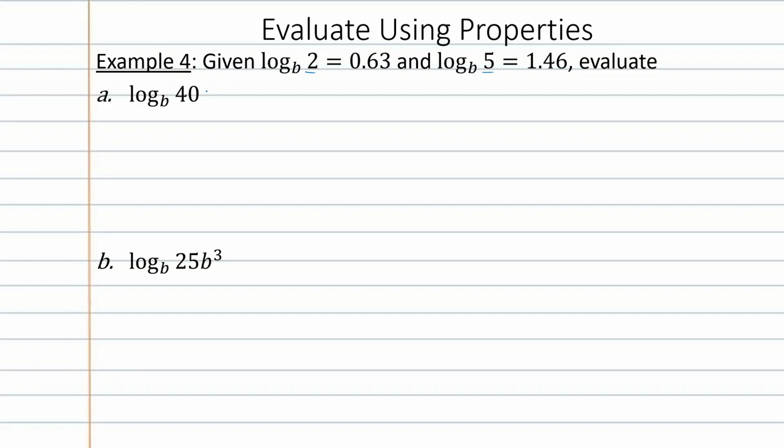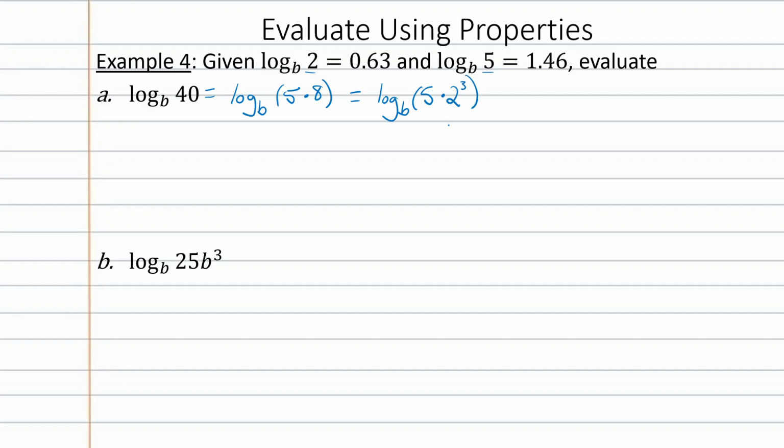Well, I do know that 5 will go into 40, so I could break it up into log base b of, say, 5 times 8. That gets me a 5, and then if I look at the 8, how do I get an 8 from a 2? Technically, an 8 is a 2 to the third power, so I could write it as the log base b of 5 times 2 to the third power.